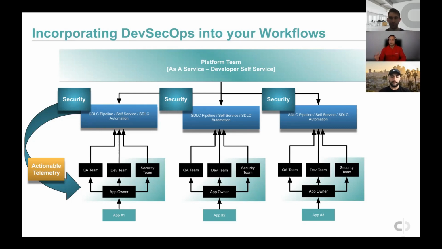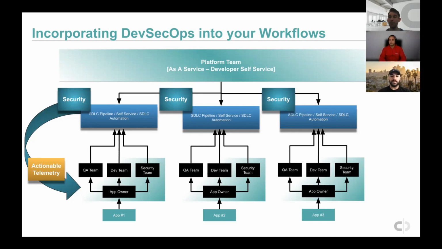So should we stop the pipeline? Should we remediate the application? Should we send an alert to an external system or something like that? And that's where it falls into this notion of continuous feedback, which is a pillar in the DevSecOps approach.